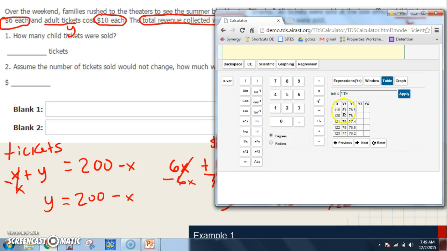And now I'm looking for the y values to match. I've got my x values here. I want my y values to match. I can see they're getting closer. When my x is 125, both of my y's are 75. That is our solution point. Because this is our solution point, I know that x equals 125.